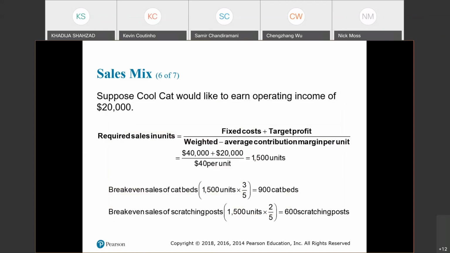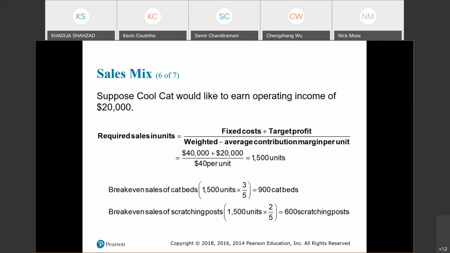In addition to finding the break-even point, it can also be used to estimate the sales needed to generate a certain level of operating profit.